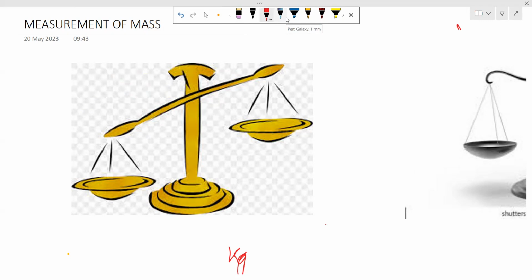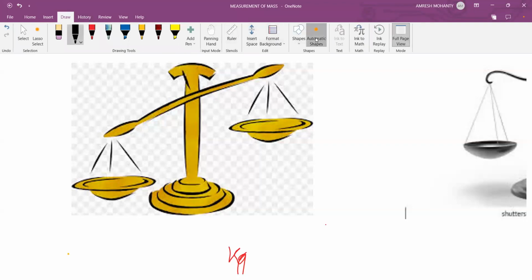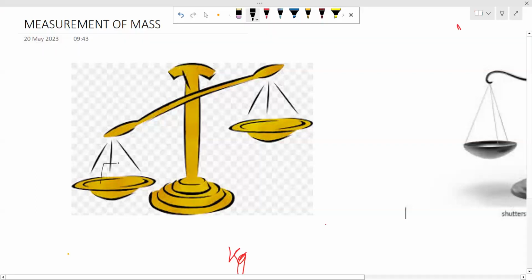So how to measure your mass? Suppose here I have kept one block. Here is one block, here is another block.